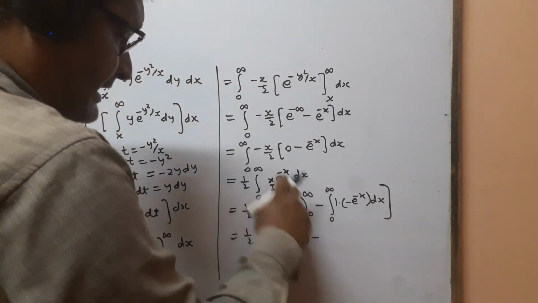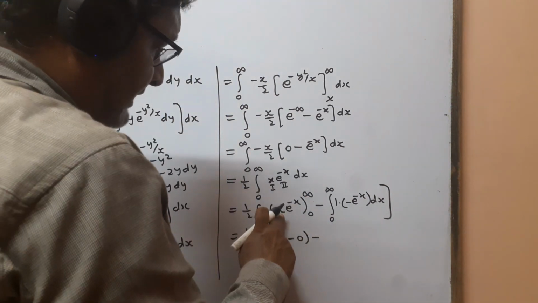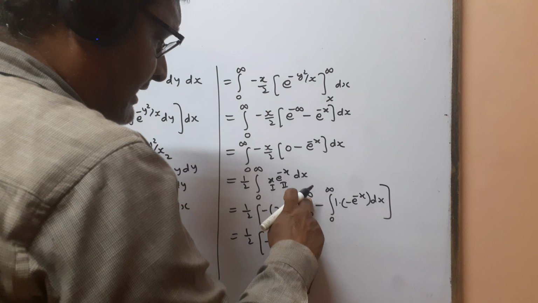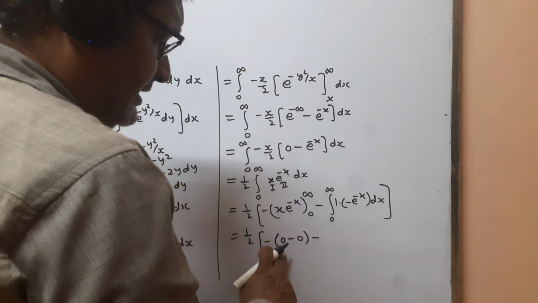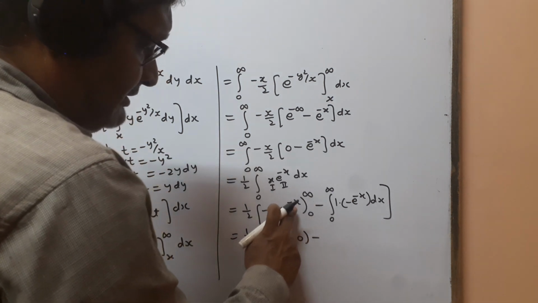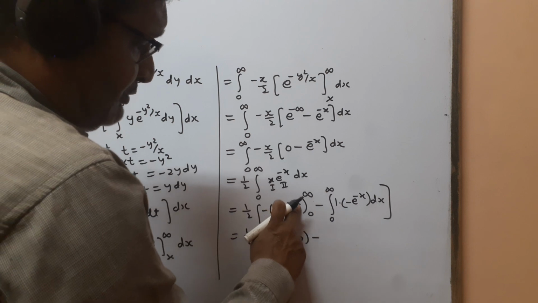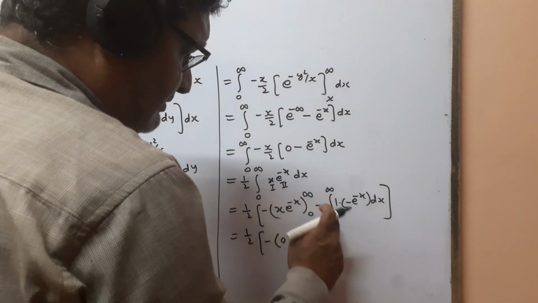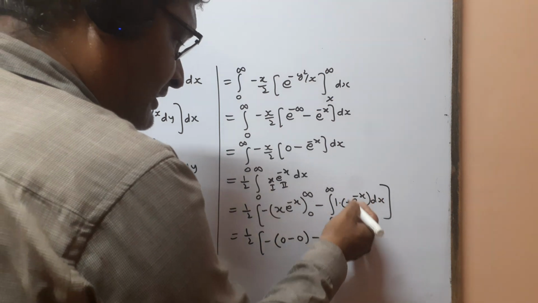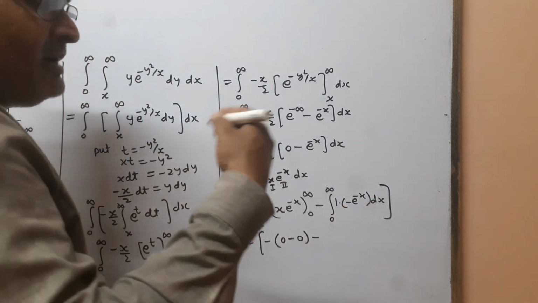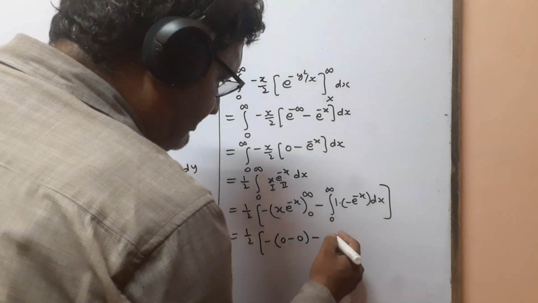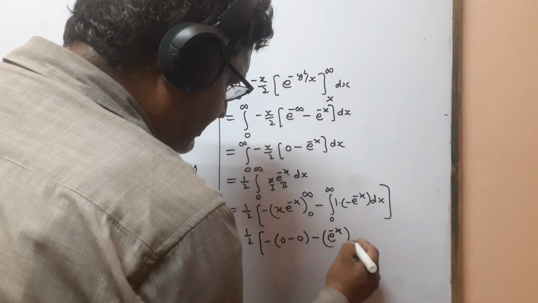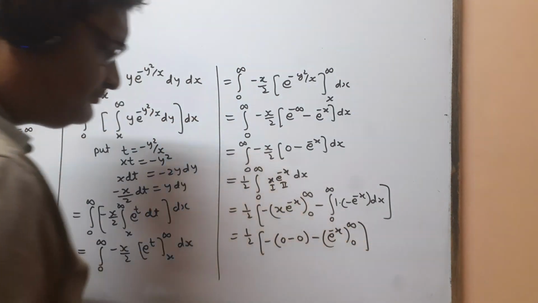When we take limit of x e to the power minus x as x tends to infinity, we get 0 here, and when we replace x equal to 0 here, so e power 0, that is 1 into 0 is 0. And this minus minus is plus here, but integration of e to the power minus x is minus e to the power minus x, so this becomes minus e to the power minus x, and we write here.